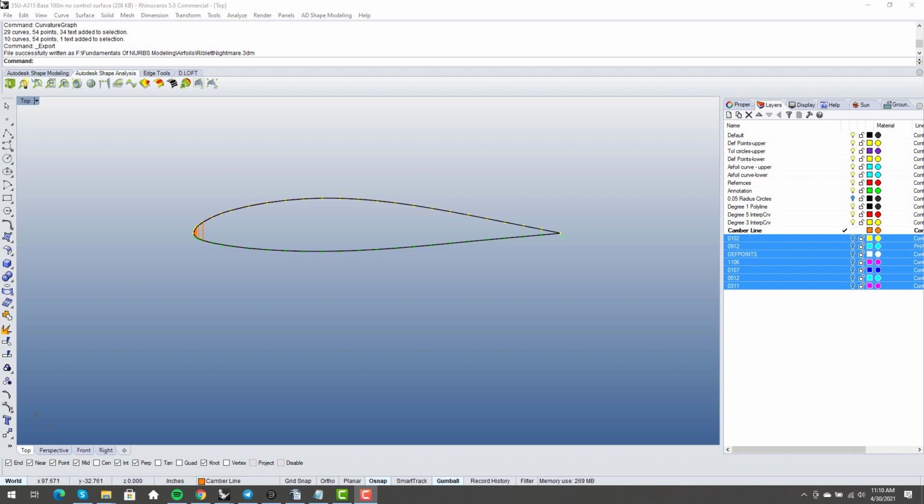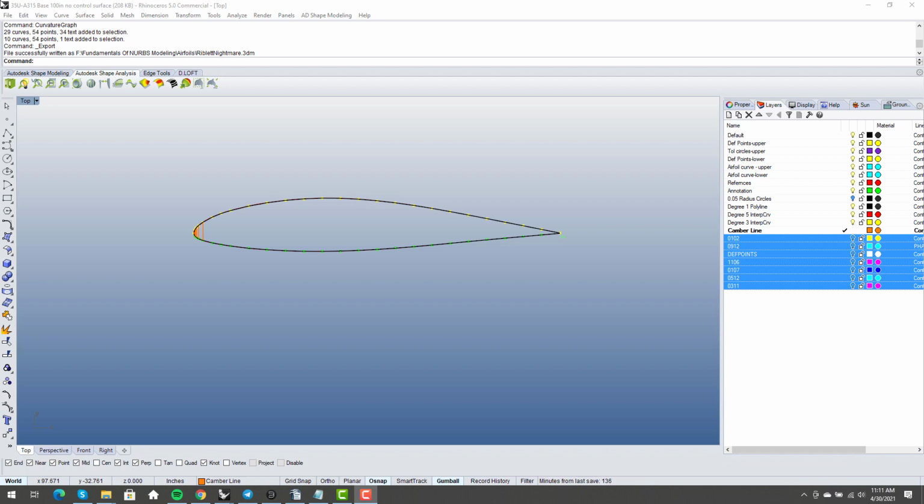And what I see over and over and over again is the same problems that people make when they're converting airfoils into NURBS curves and then using those curves to make surfaces. If they'd only stop at the beginning to look at the curvature graph of their conversion, these alarm bells would start going off. But because people don't use curvature graphs in these instances, they just keep plowing ahead.